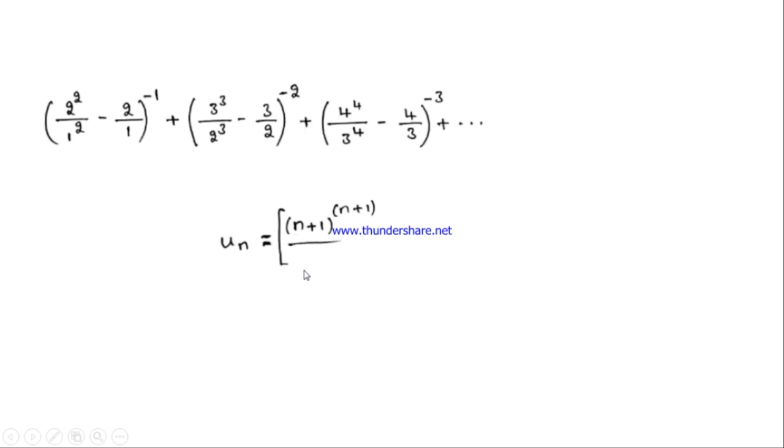So it should be n power n plus 1 minus n plus 1, because first term 2, second term 3, third term 4, it should be n plus 1, divided by first term 1, second term 2, third term 3, it should give n. And if you come to the power, first term minus 1, second term minus 2, third term minus 3, the power should be minus n.